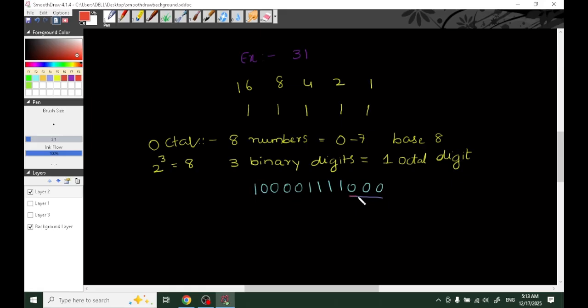So triple zero, three ones. We have to do this process from right to left. Yeah, let me repeat this. I'll take any binary number, and let's try to convert it into octal. So what is the process?